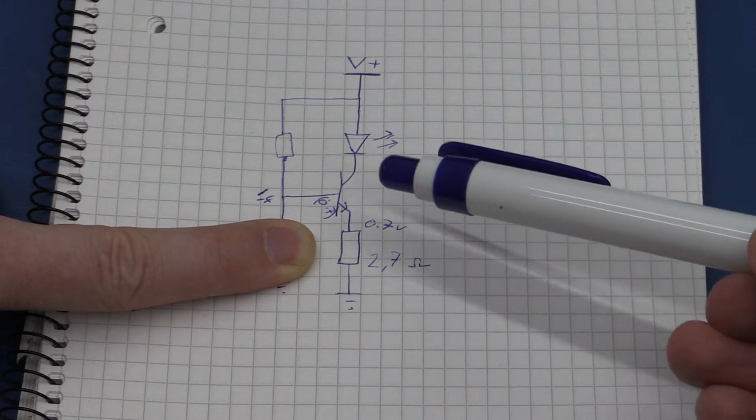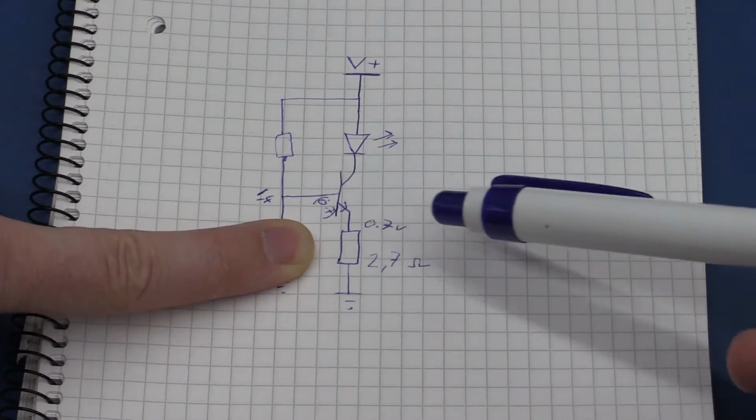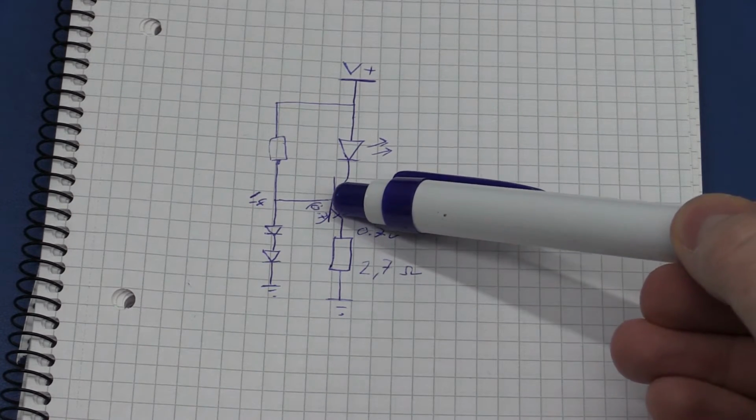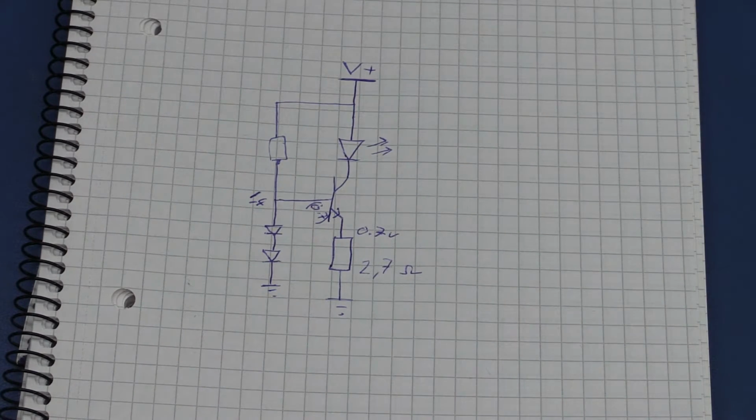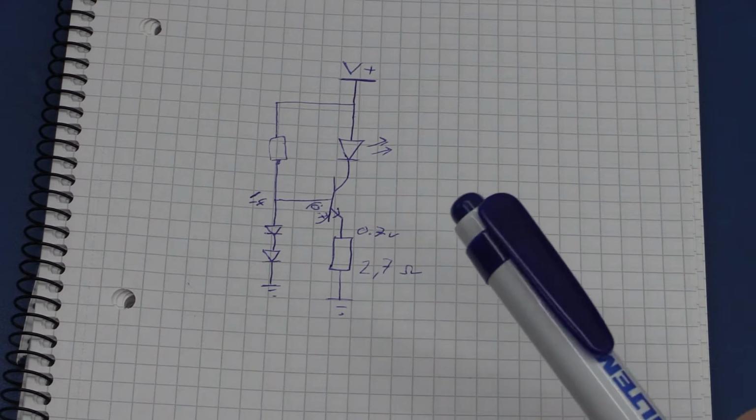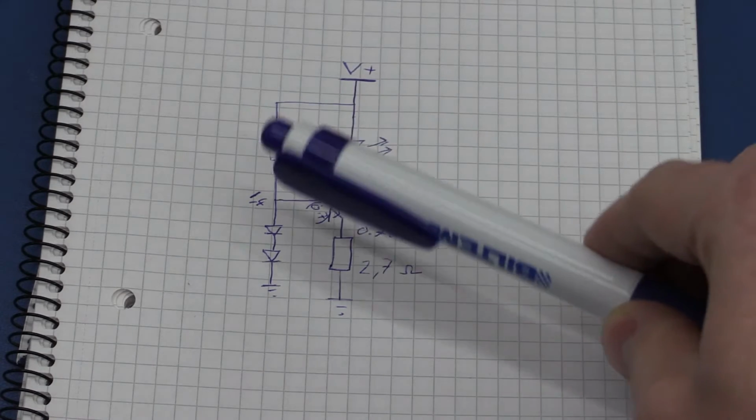And it's a bit difficult to say with certainty what that is. You can look up the datasheet and it will give a value from maybe 50 to 350, so you can't really count on that. You have to take the minimum value.